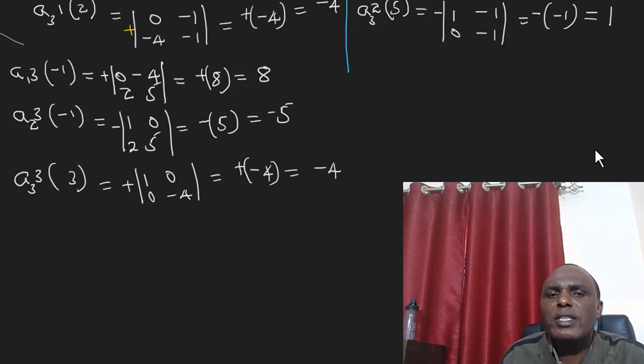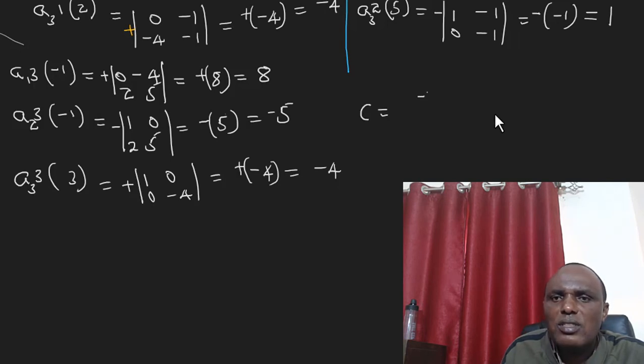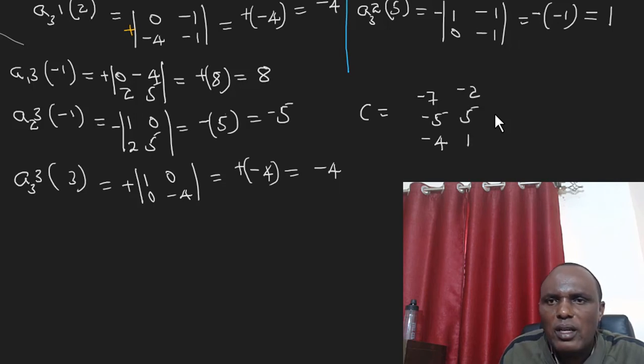Now, we said that when we get cofactors, we need to get the matrix of cofactors, and we transpose it. Negative 7, negative 5, negative 4, then negative 2, 5, 1, 8, negative 5, negative 4.